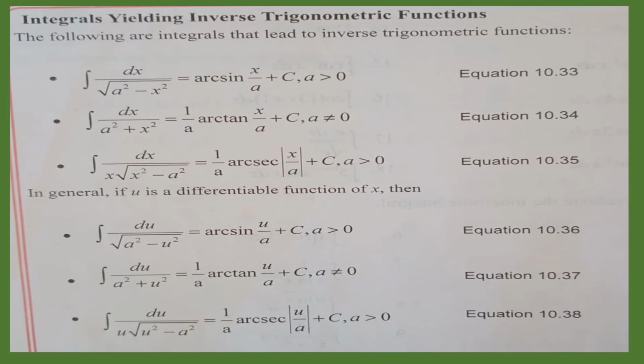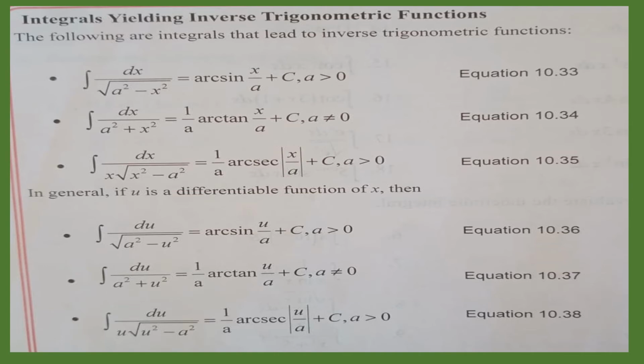Next, we have integral of dx over x times square root of x squared minus a squared is equal to 1 over a arc secant of x over a plus c, where a must be greater than 0. In general, if u is a differentiable function of x, then integral of du over square root of a squared minus u squared is equal to arc sine of u over a plus c, where a is greater than 0.